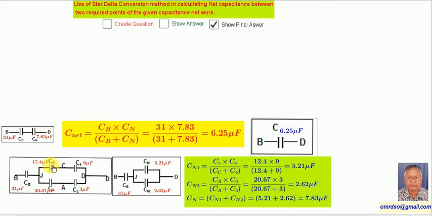This CC and C4 are in series, and along with this, the combination is in parallel with the combination of C2 and C3. After solving we get this Cn, and CB is already there.